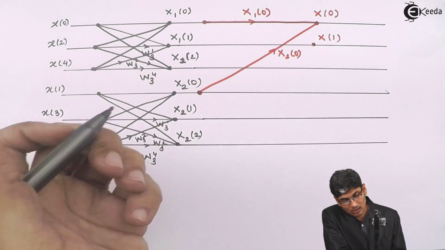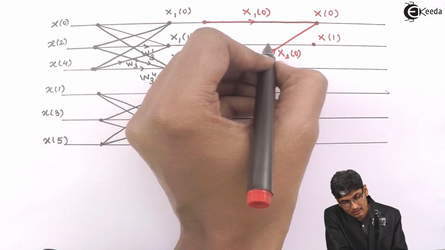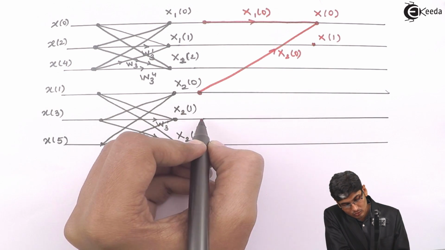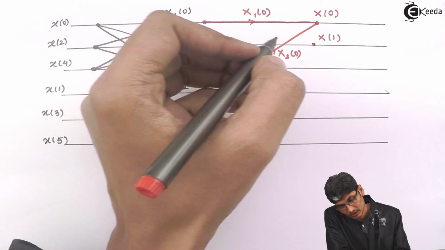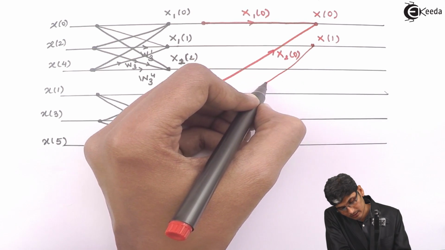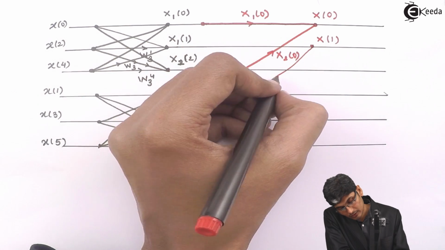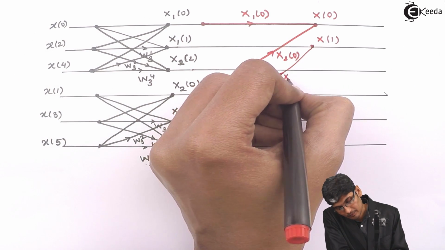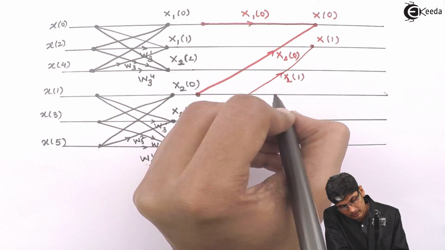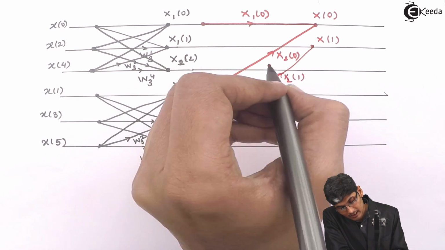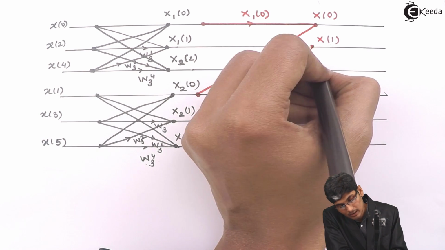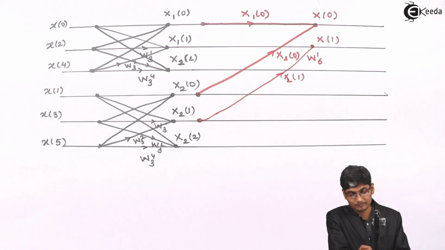So I will have x1 of 1, which is this one, and x2 of 1 I will be getting from here, and I am multiplying this with w6 raised to 1.